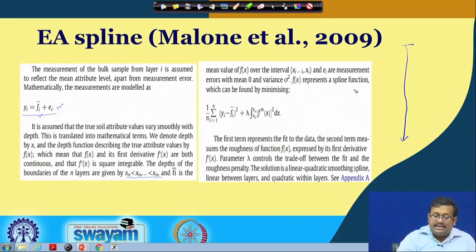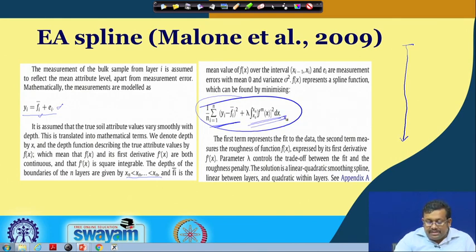So, f(x) represents a spline function which can be found by minimizing this term. The first term represents the fit to the data, and the second term measures the roughness penalty, with roughness of f(x) expressed by its first derivative.